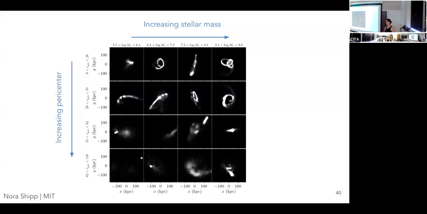Because you're splitting up the simulation star particles into individual stars, we use a spatial kernel to split them up. You get some of this clumpiness, but we have done some tests varying the kernel to make sure that this clumpiness isn't affecting the results here. But if you want to use these mock observations to do something more precise, like looking for gaps or measuring the velocity dispersion, it's a little bit more complicated.